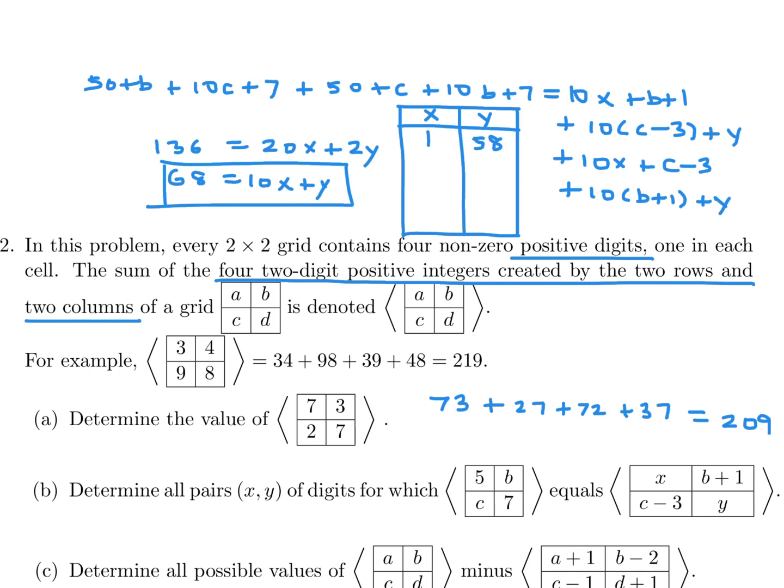So keep going. 2 would give you 48. 3 would give you 38. 4 would give you 28. 5 would give you 18. And finally, 6 would give you 8. And then 7 would give you minus 2. So the only one that satisfies the criteria is 6 and 8. So (x, y) is (6, 8), the only solution to that question.